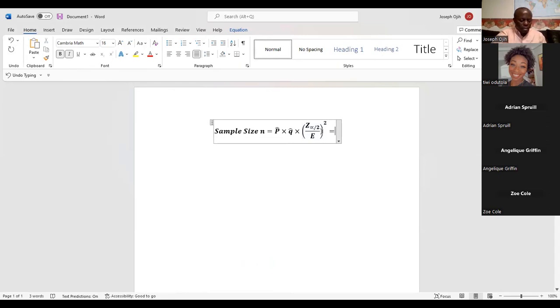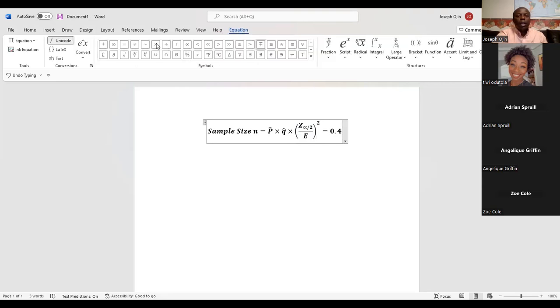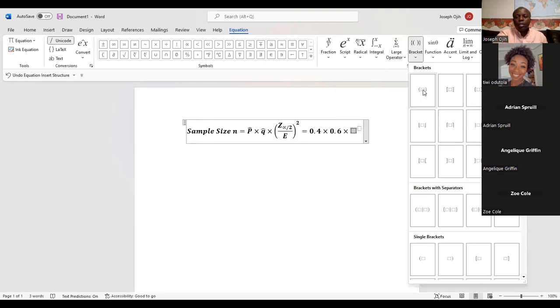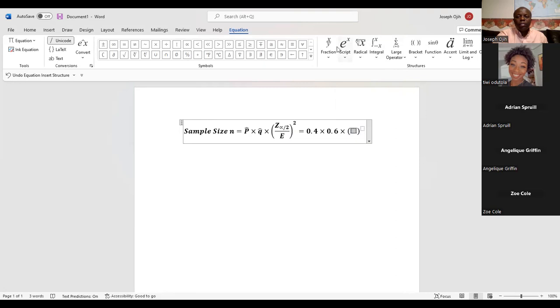Equals P hat is 0.4, times Q hat 0.6, times 1.65 over 0.02, squared. Let's see what the result will give us.